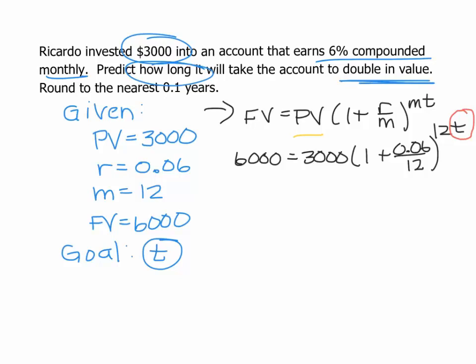In the class that I'm making this video for, we actually don't have the algebraic technique to solve for this. Those of you who have seen a lot of algebra might remember that in order to solve an equation with the variable in the exponent, you need to use logarithms. So we can't solve this algebraically, but what we're going to do is solve this using our graphing calculator.